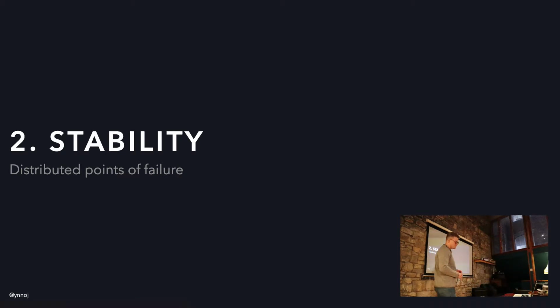Stability. In a monolithic Node application, there's a single point of failure. If your Express app errors because of a particular line of code in one controller or one route, then the whole thing's going to error. That's not good. We want the rest of the application to be available to our users.